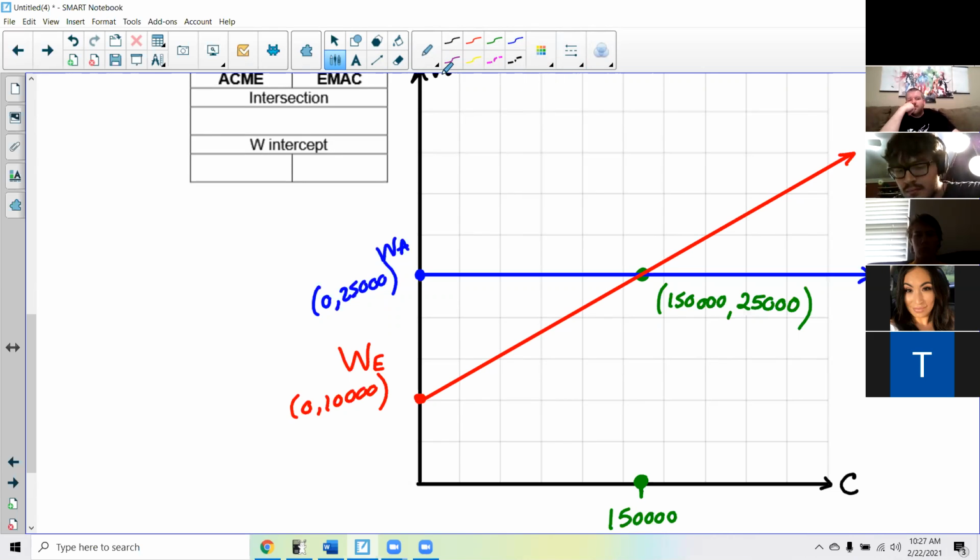Okay. You can fill in these boxes if you want, but that's the same stuff we just wrote down. Any questions on that? Okay.